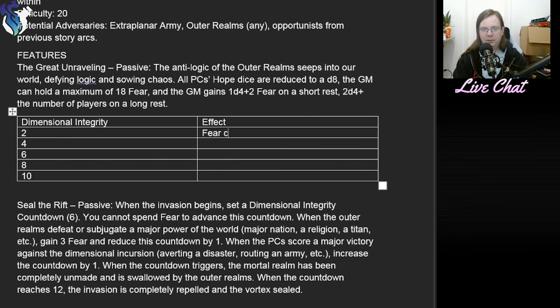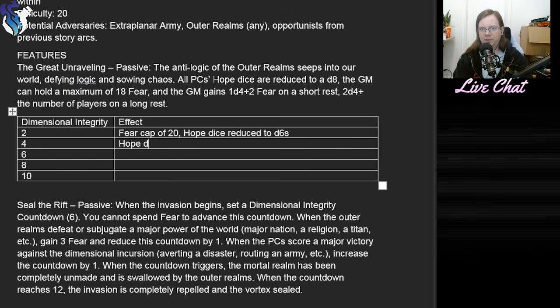Fear cap of 20, hope dice reduced to d6s. So we don't need this section to be very long, right? Because it's just dimensional integrity. Fear, well, we already have fear cap of 18.